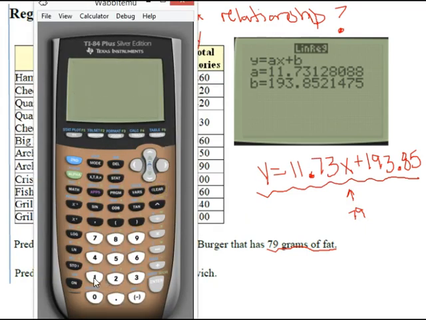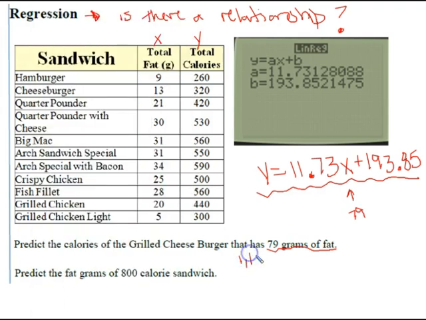We're going to predict some data. 11.73 times 79 plus 193.85. Alright, so we have 1120.52. So we can say 1,120.52 calories. That's a lot of calories.